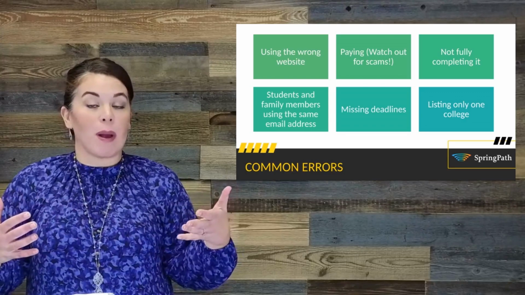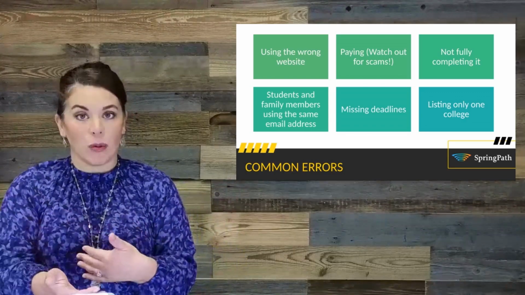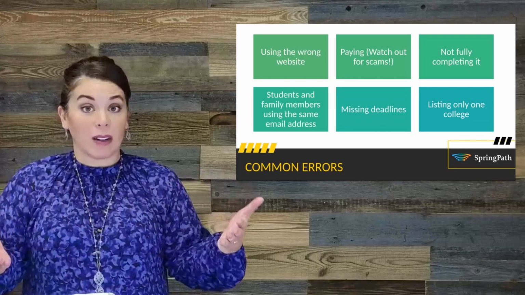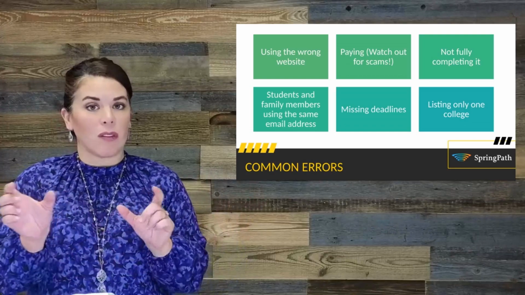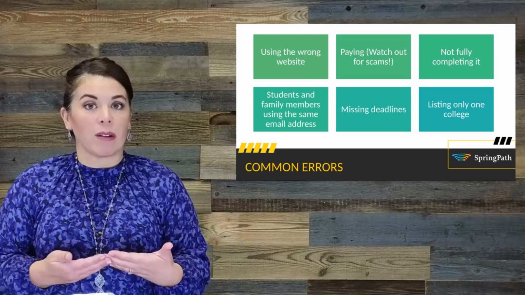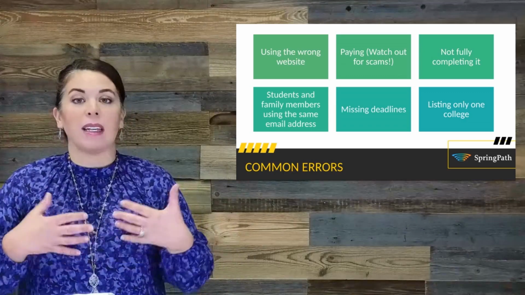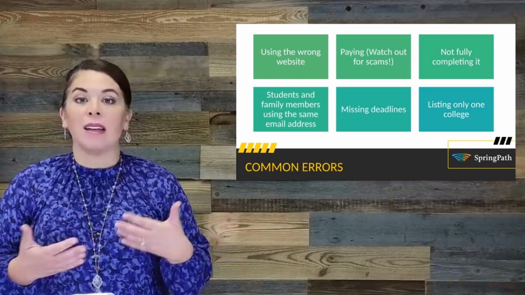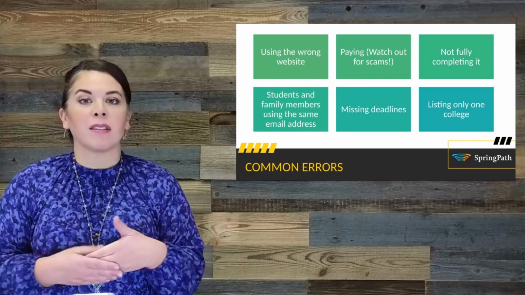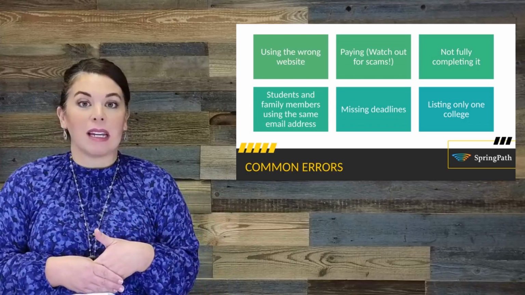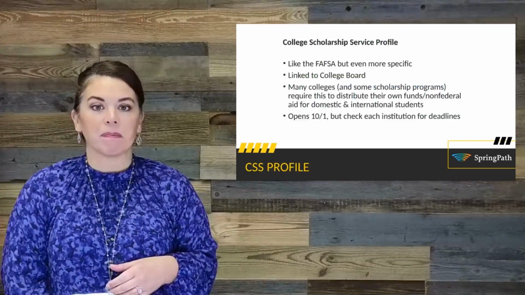And again, it's never a bad idea to reach out and ask, have you received my FAFSA? Going back to that applicant portal, when you submit an application, there's often a financial aid tab in your portal as well. So you'll be able to check and see what has been received, what hasn't. And you can always follow up with an email or a phone call just to check on things. But certainly that's an error that we see as well.